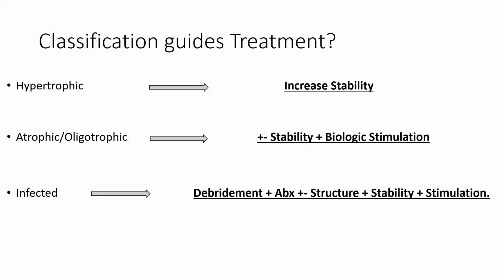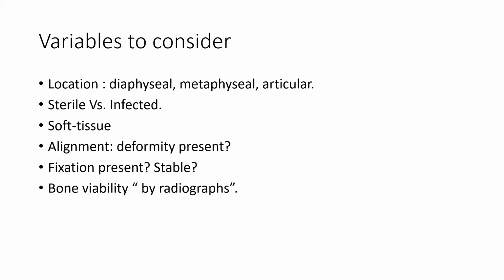Okay, so far so good? Okay. Great. Variables to consider. In any fracture with non-union, we should look outside the box. We try to determine what we are working with. The location of the fracture makes a big difference, whether it was diaphyseal, metaphyseal, or articular.